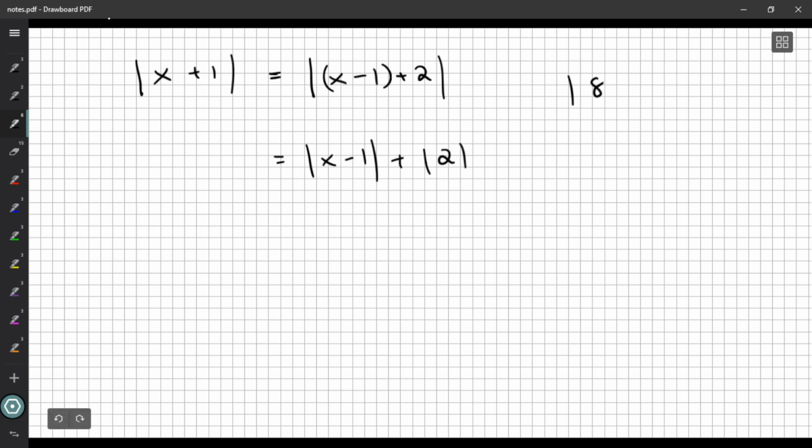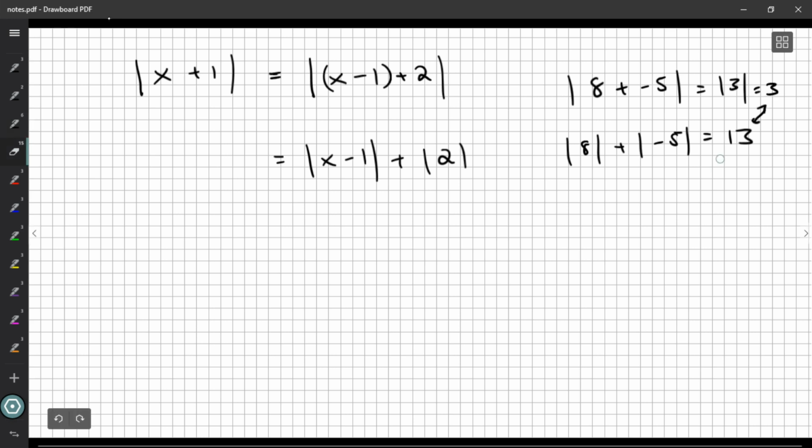Think about something like 8 plus negative 5. We know the answer is 3, but if you try and split it up, you'll get a sum of 13. Those are not the same thing. But I'll tell you what we can do. We can split this up at a bit of a cost.